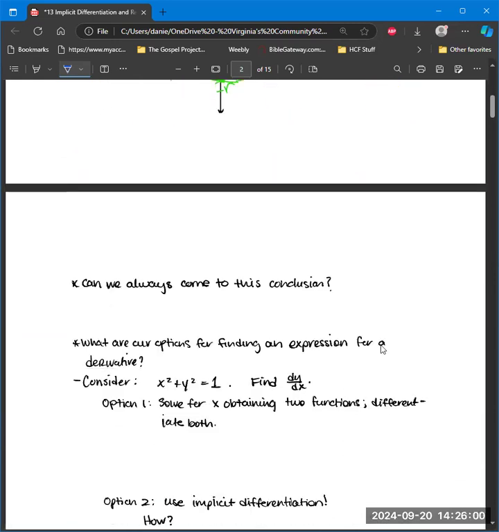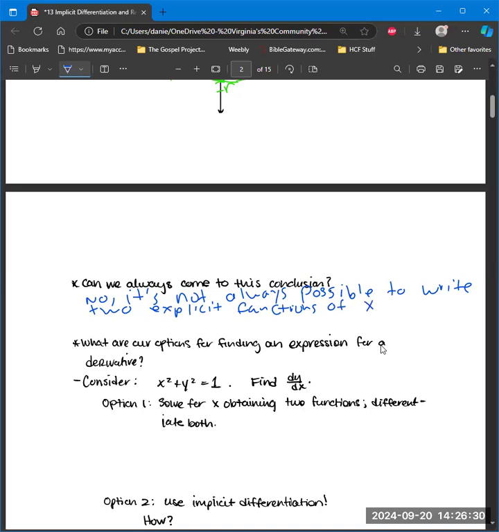No, it's not always possible to write two explicit functions of x.